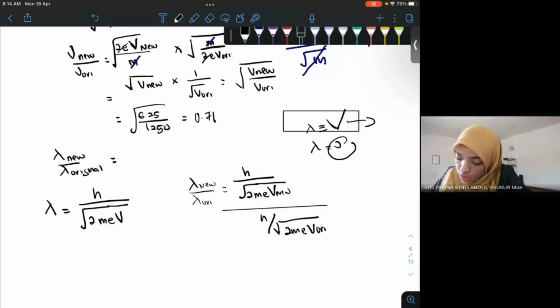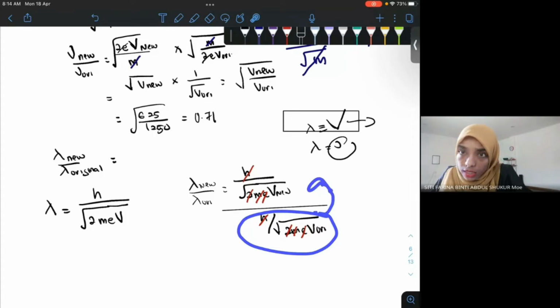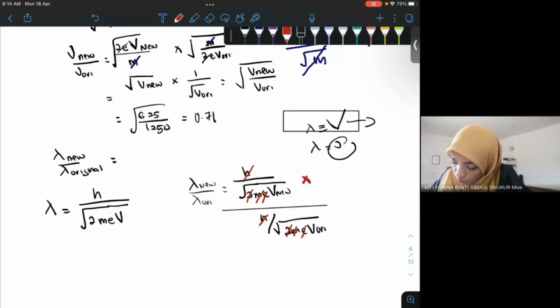Okay, sama juga konsep sebab kita punya H ini semua kita boleh cancel sebab ada common term. Kita kalau nak bawa yang ni naik ke atas pun boleh, bawa ni ke atas and then you can see clearly and then boleh cancel. Okay, this is your maths so saya tak naklah nak emphasize banyak.